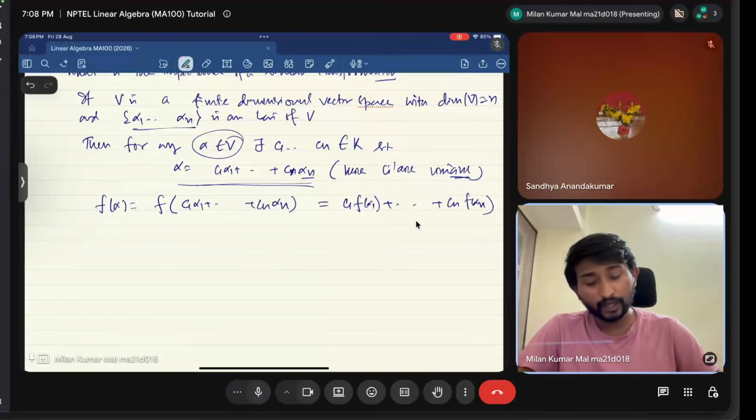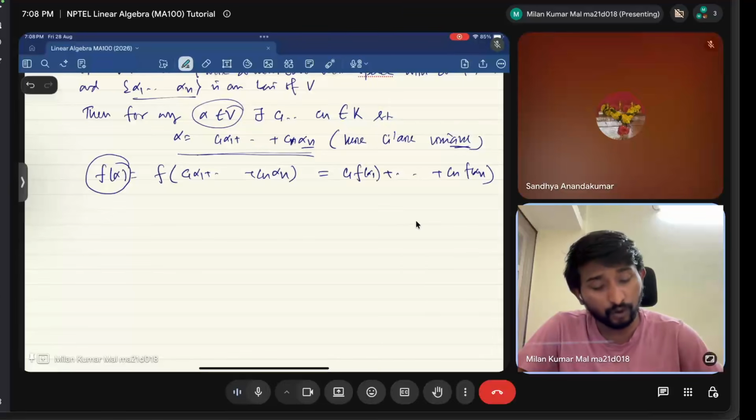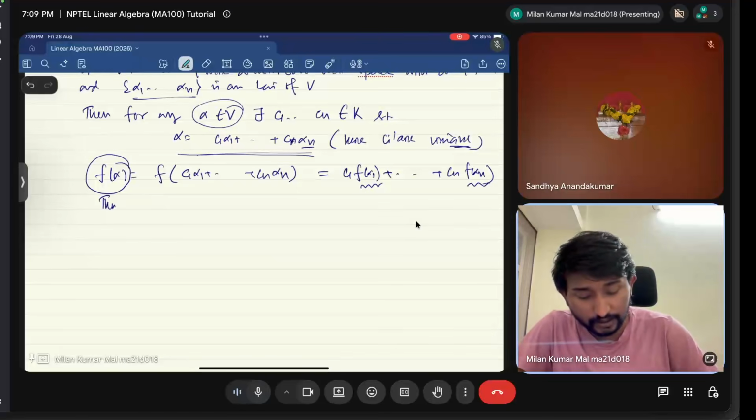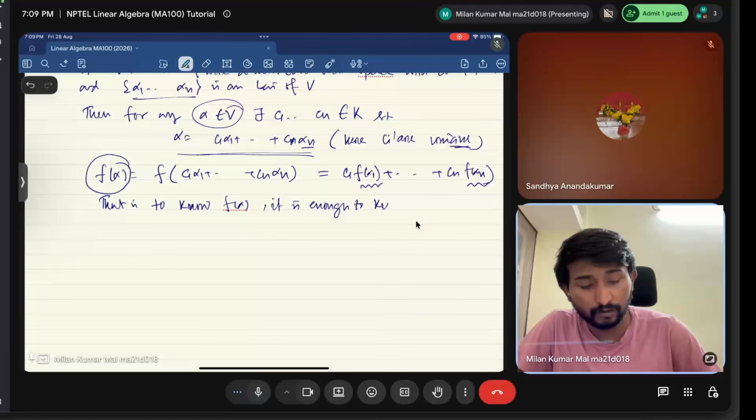So that means if I want to know f of alpha, it is enough to know f of alpha 1, f of alpha 2, all the way to f of alpha n.